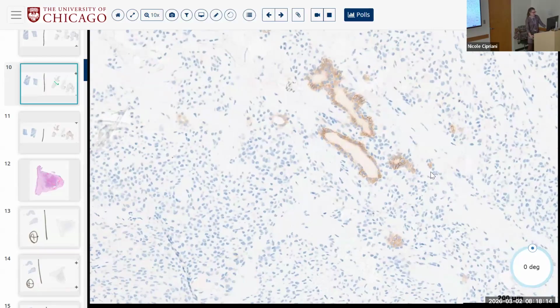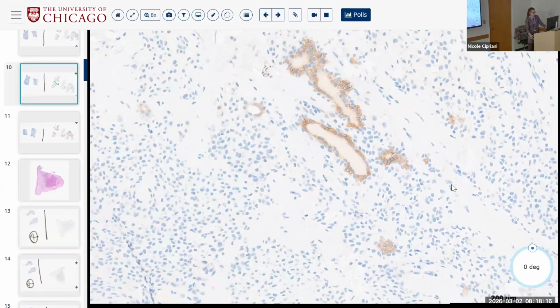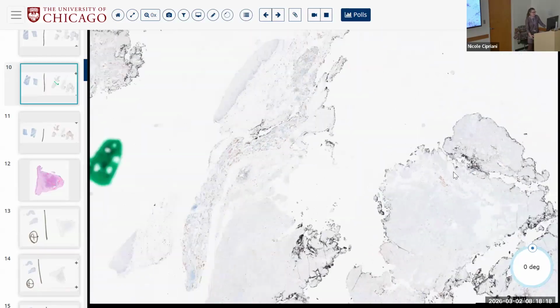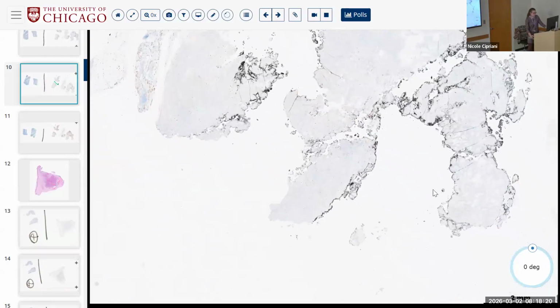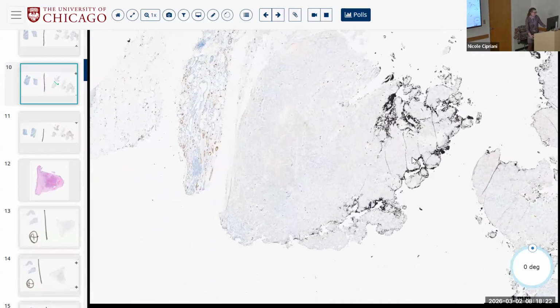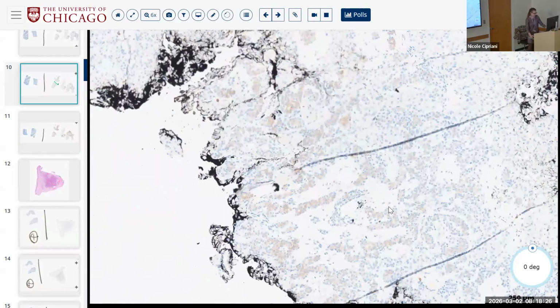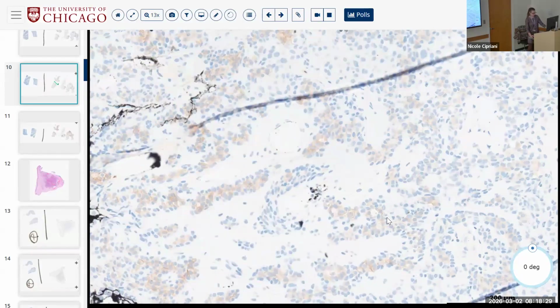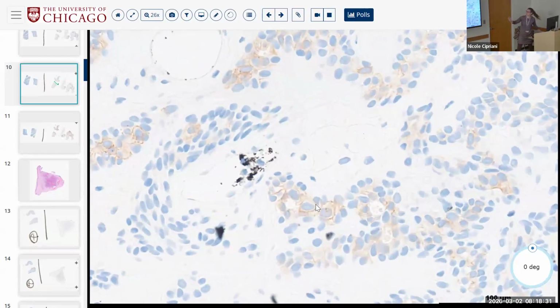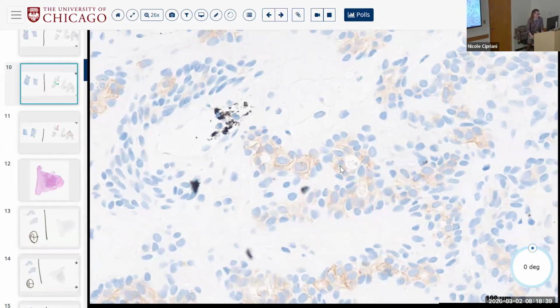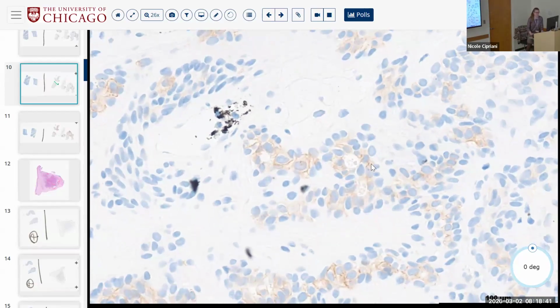And then over here, similarly, a c-KIT positive population. So at least focally, we are biphasic, even though the vast majority of this tumor doesn't seem to be staining with anything. Here's another little c-KIT area, again showing maybe ductal lumina. Gosh, it's not so easy to see on these, right? These little ductal lumina surrounded by c-KIT positive cells.